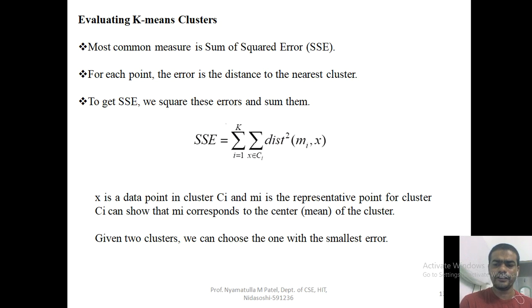Consider if you have one point in one cluster, how much distance it is away from another cluster. If it is nearer, then that is an error. So, an object in one cluster should not be similar to an object in the other cluster.